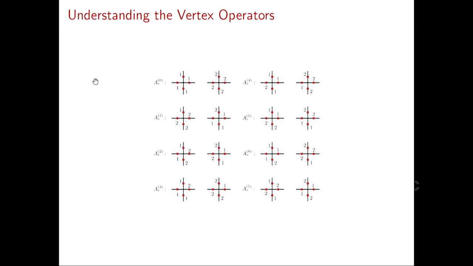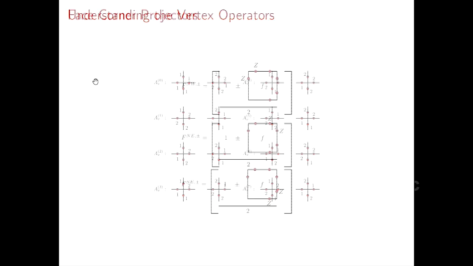They will act on states in which you have at least one mismatch in some corner around a vertex. It is something which does not appear in the case of finite groups. Of course, it is going to change according to which lattice you have, and I'm only showing you the square lattice.